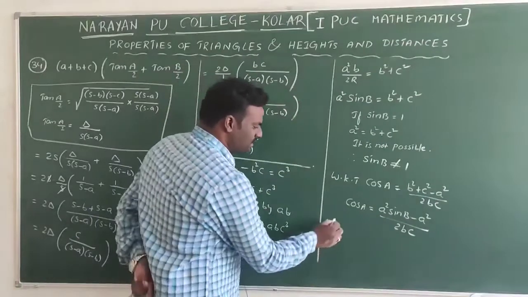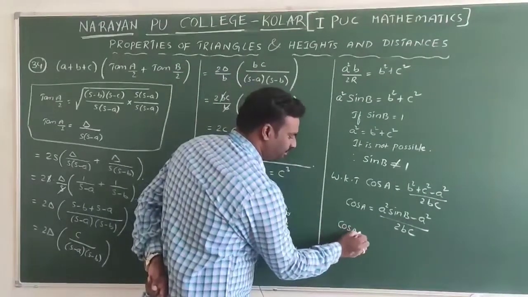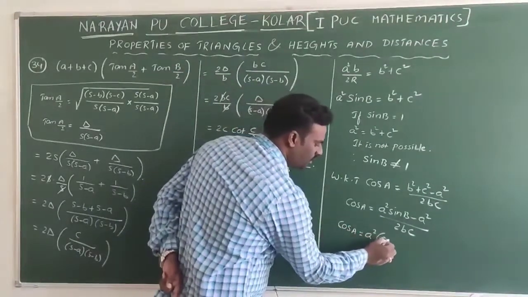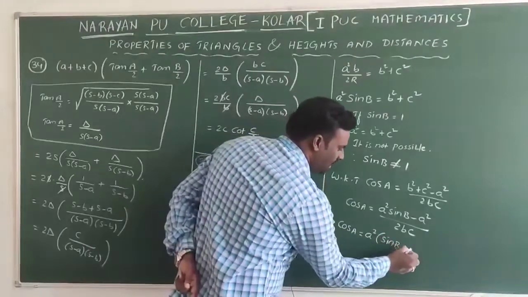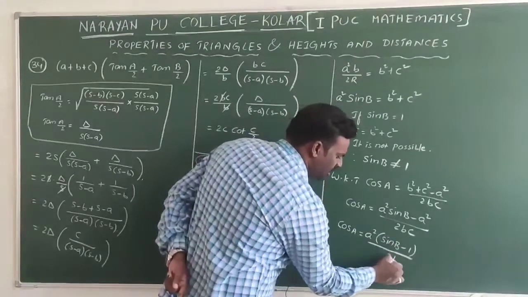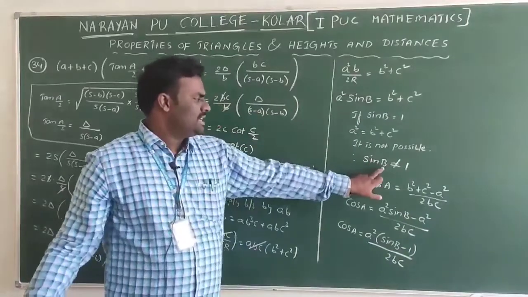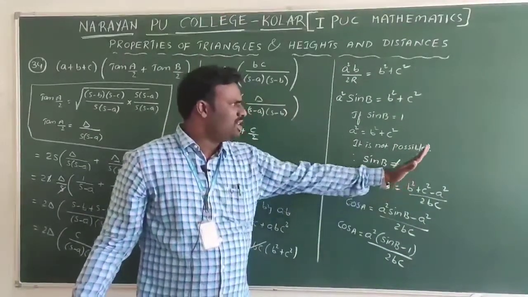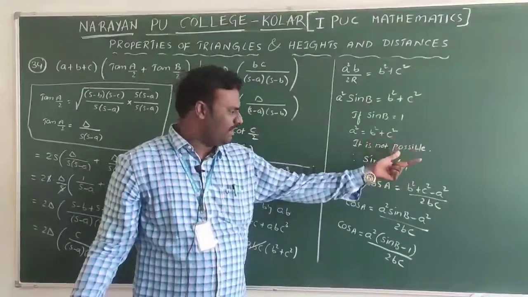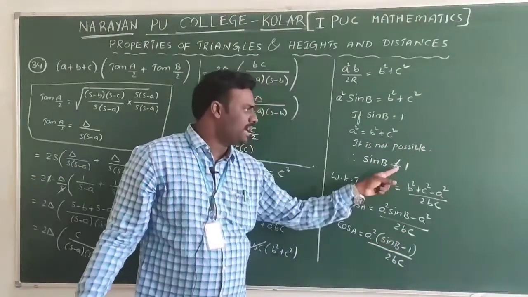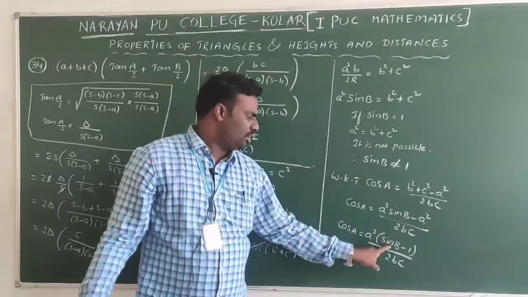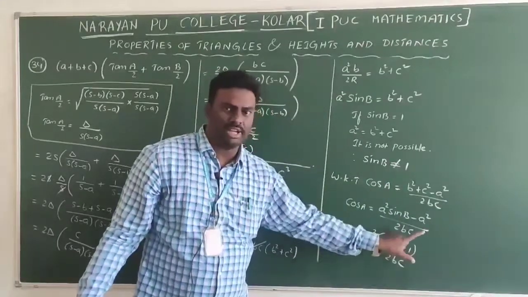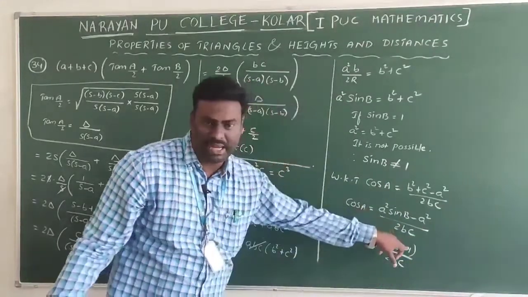Here I can take A square common, sin B minus 1 by 2BC. But here the condition is sin B is not equal to 1, which means sin B value is below 1. Below 1 you take any value and substitute here. I am taking 0.5. 0.5 minus 1, that is negative. Overall this expression will be negative.